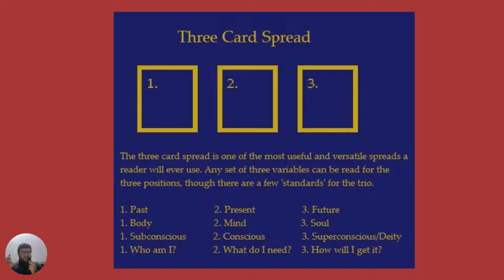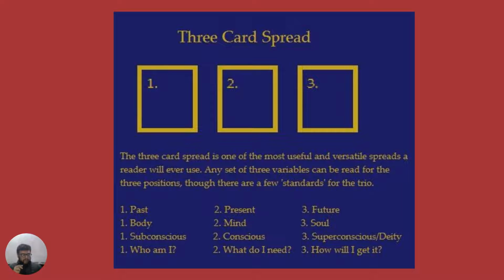The first card signifies the personality of the person, the second card signifies what action needs to be done and what steps need to be followed, and the third card tells what he or she will get, that is, his or her destiny.